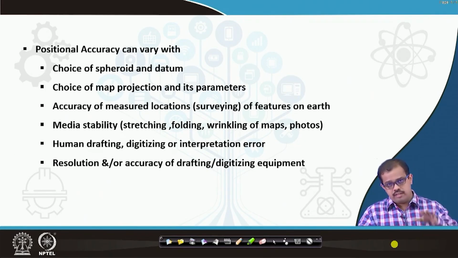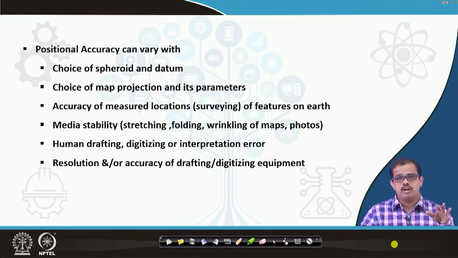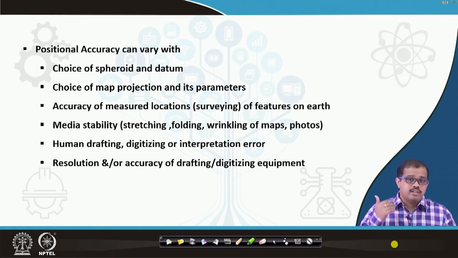So if you have understood all of these in your positional accuracy, then your data is quite accurate in terms of measurements. Okay, so please keep in mind, the first thing that you have to look at is what is your coordinate system, what are the projections that have been used, whether they match the datum, that is a reference point that they have used, and what is the accuracy of measurement on the real world to your data model.